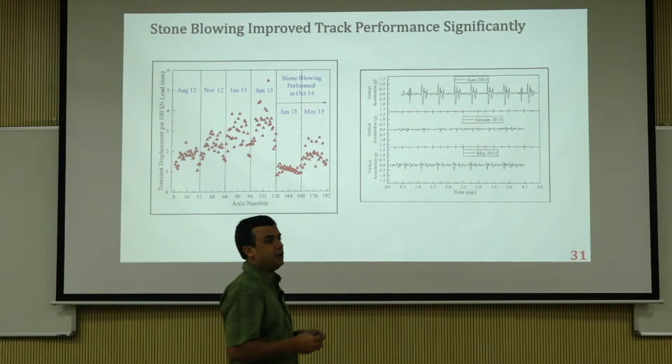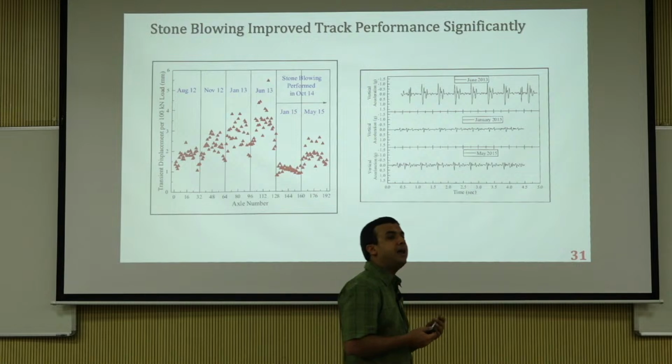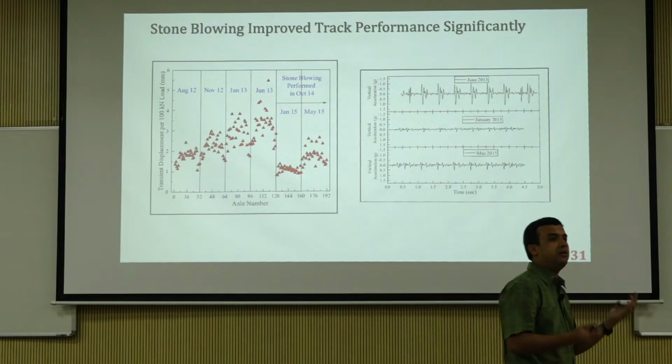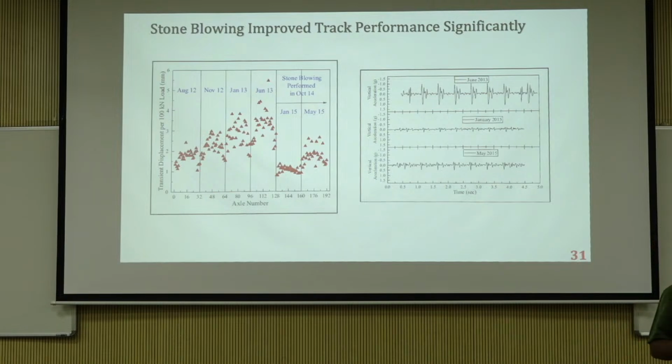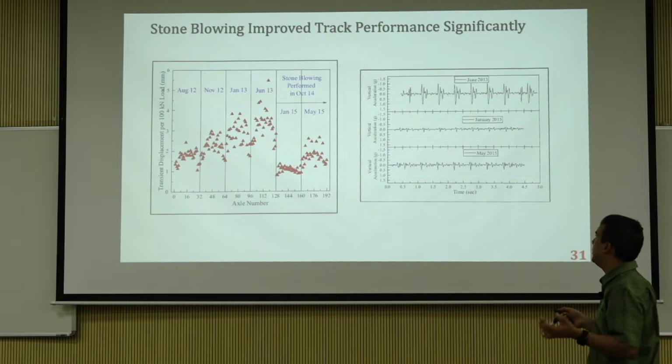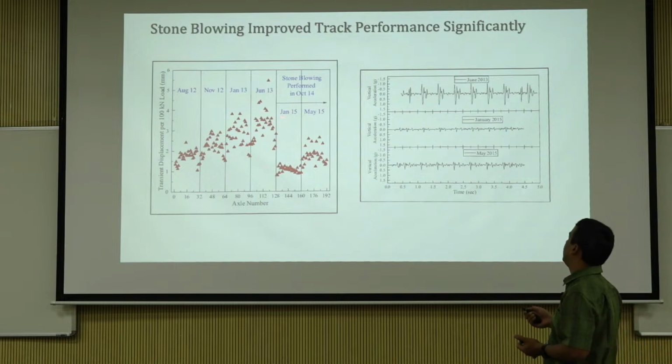You asked where the bump is coming from, then did instrumentation and found it is from the ballast. Then you decide you need to fix something in the ballast layer. One of the approaches is stone blowing, and you do that. It's a forensic investigation kind of thing, and then you fix it.